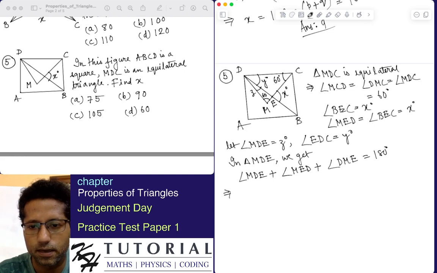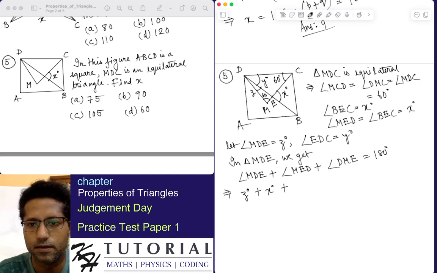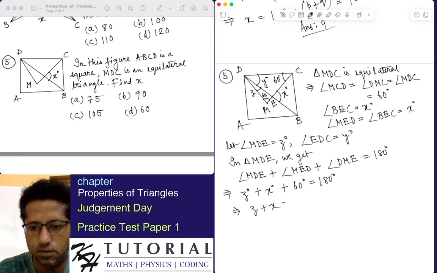Angle MDE we have considered to be Z, so Z degree plus MED, which is equal to angle BEC, that is x degree, plus angle DME. Angle DME is nothing but angle DMC, which is given to be 60 degree, is equal to 180 degree. This implies Z plus x is equal to 180 minus 60, that is 120.